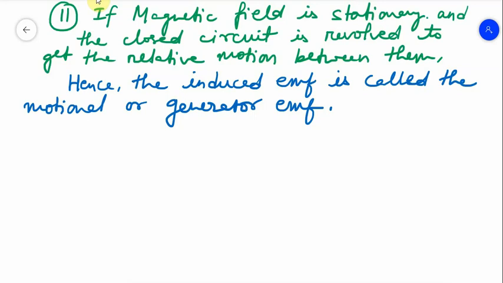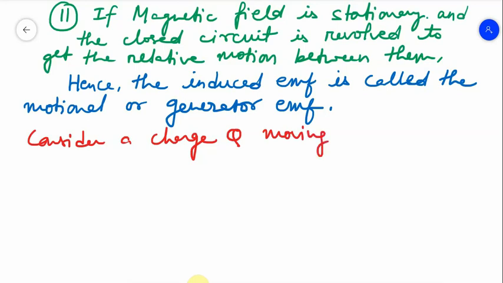So consider a charge Q moving in magnetic field B at a velocity v.